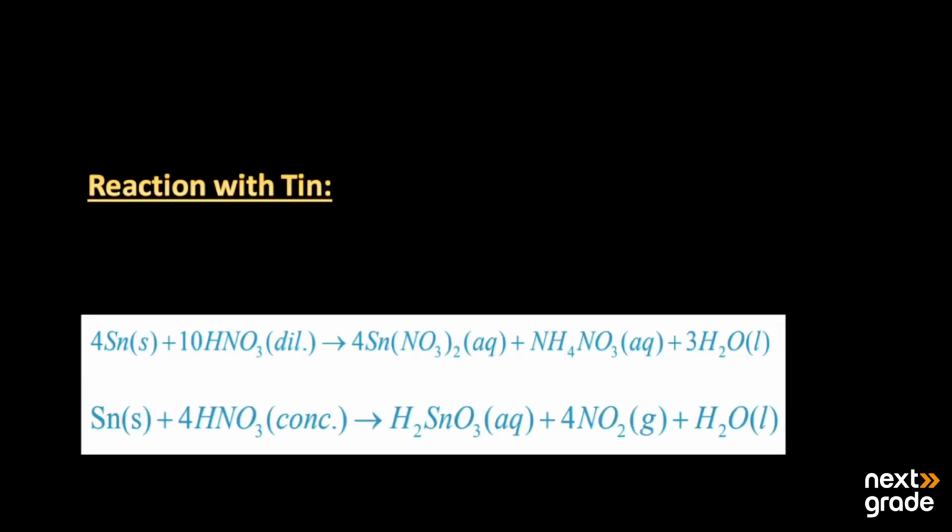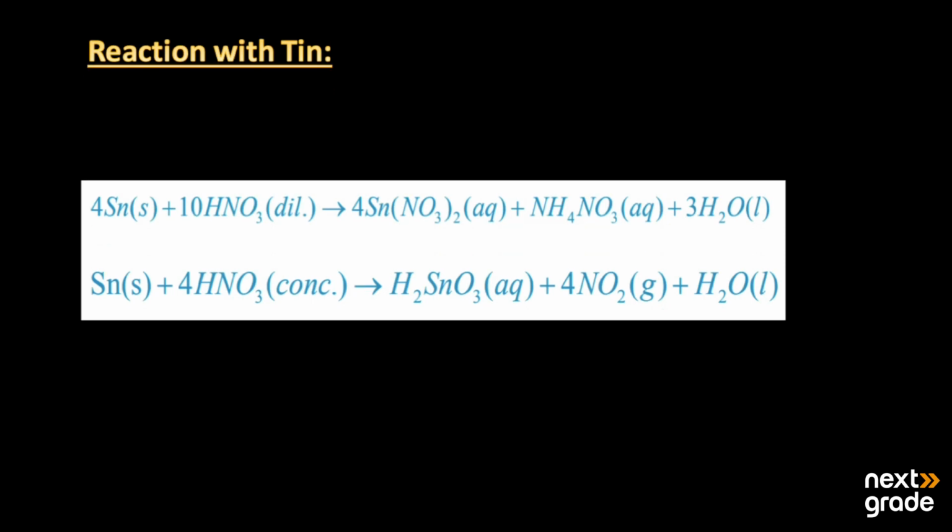The second is the reaction with tin. Tin is the metal Sn, and here it is in the solid state. On reacting with dilute nitric acid, it produces Sn(NO3)2.